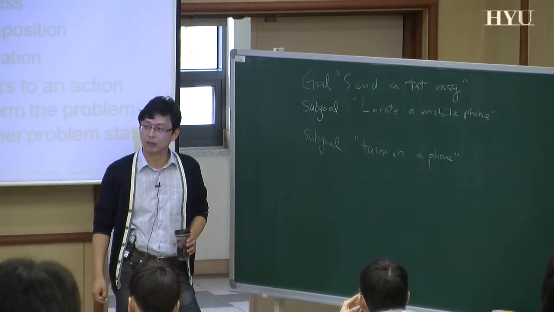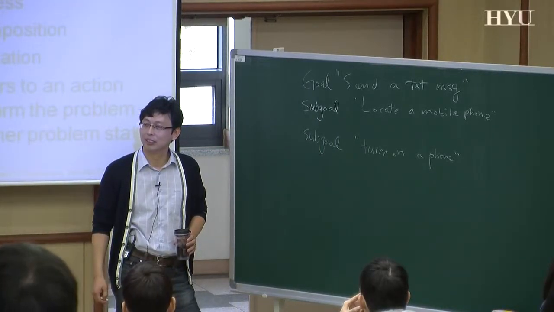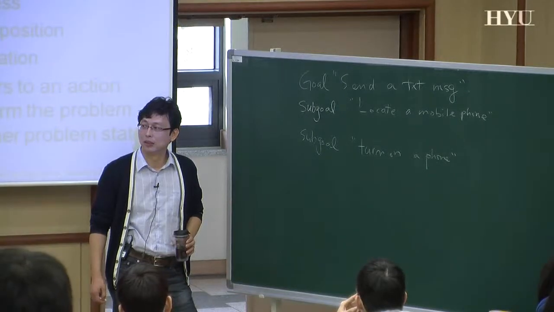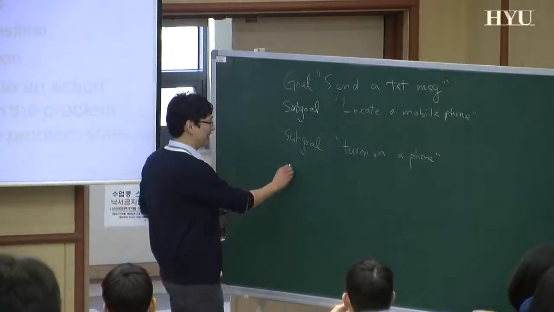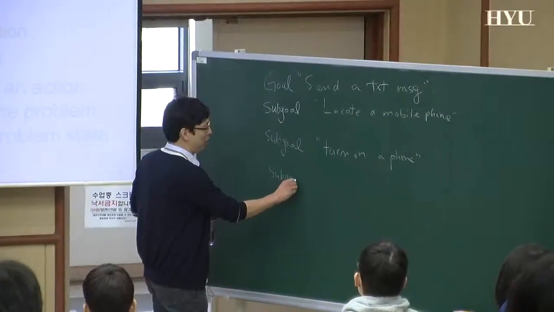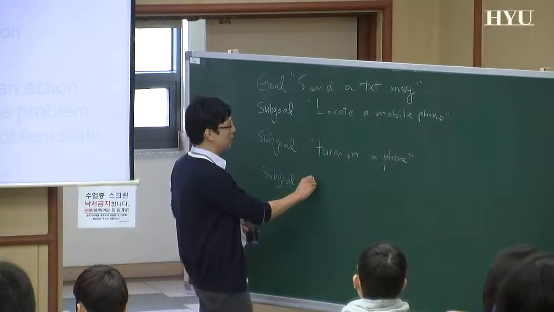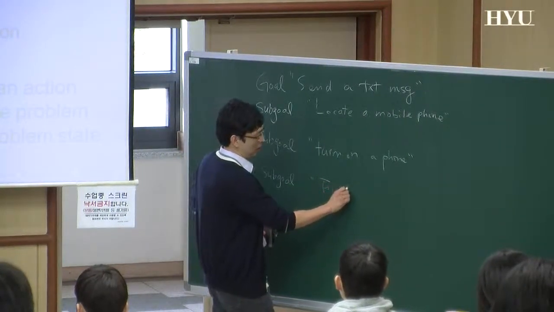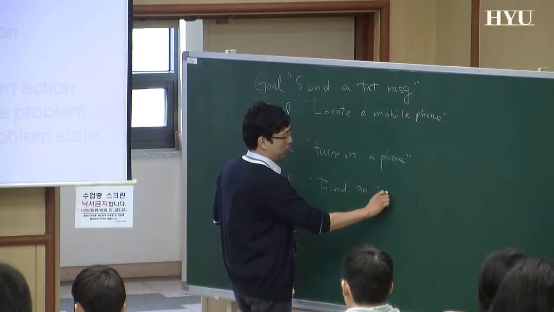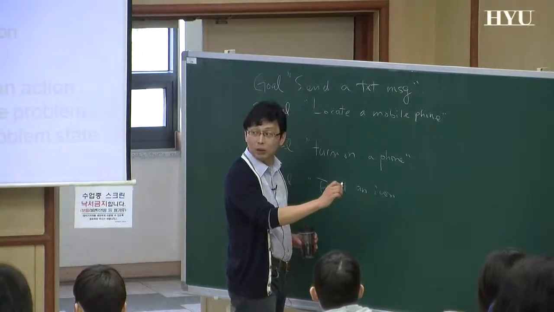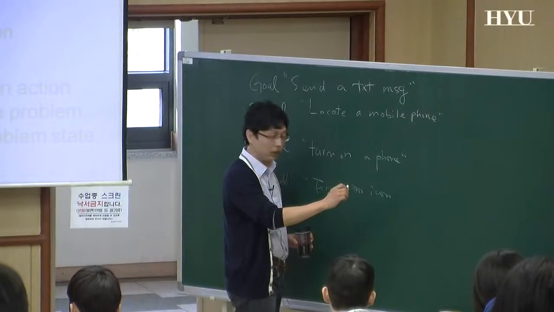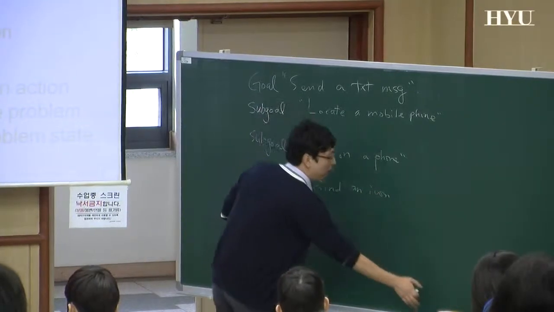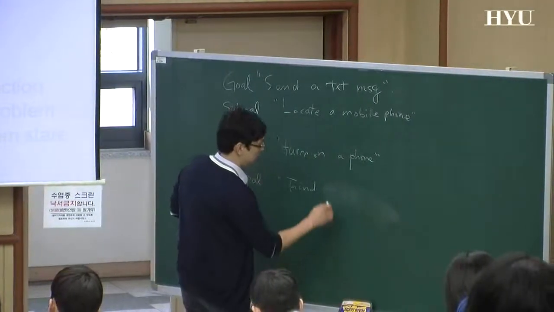That's it? Anything else? Touch. Okay, so probably we can rewrite what Yongjun just said: find an icon. Find the icon? Am I right? Find the function is better. Okay, find the function.